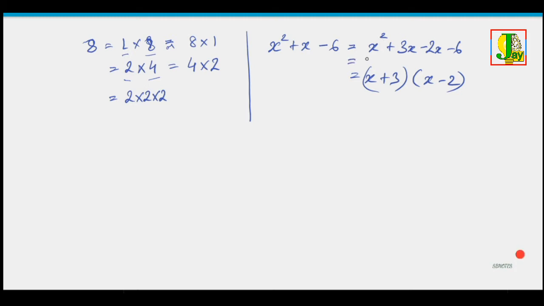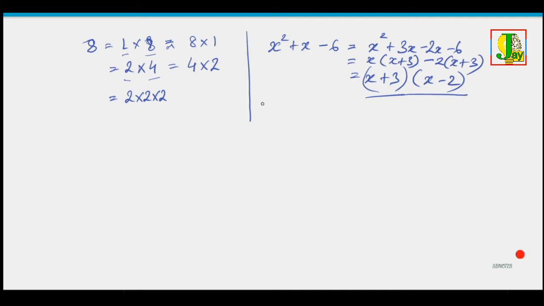Splitting the middle term and taking common, you get x plus 3 minus 2 into x plus 3. So you get x plus 3 into x minus 2. This is called the factorization of the polynomial.